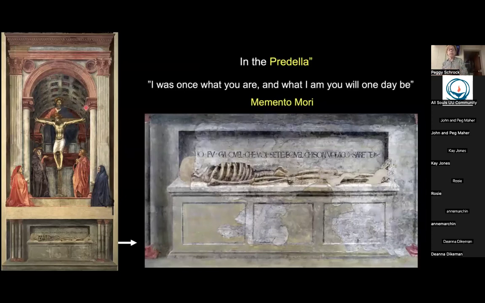The other thing we talked about before we left was this memento mori in the predella. Remember, the predella is that horizontal section at the bottom of an altarpiece. And memento mori are common in art. They're not new. They were in late medieval art as well. We'll continue to see them really up through the 17th, even into the 18th century.